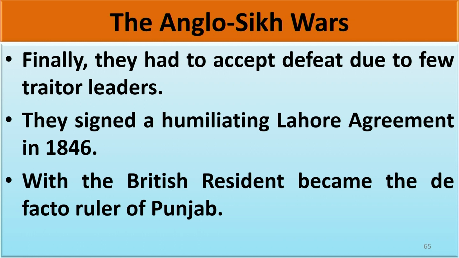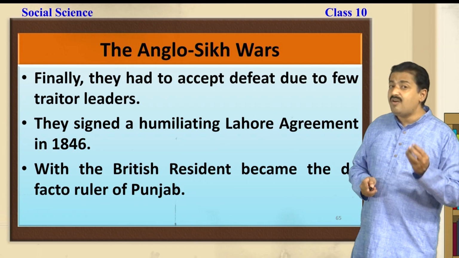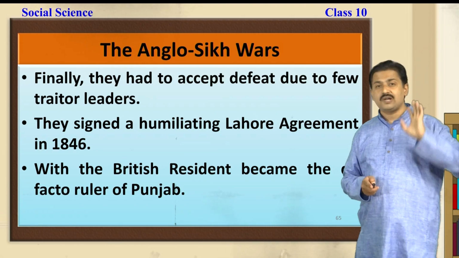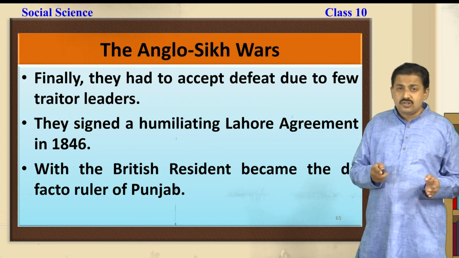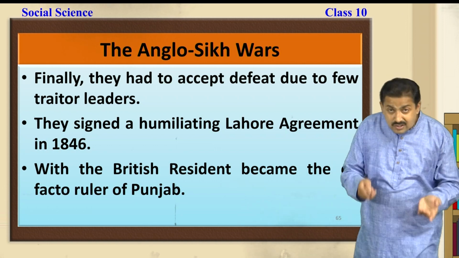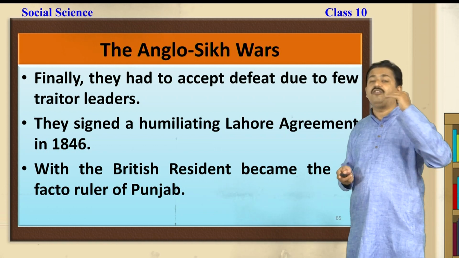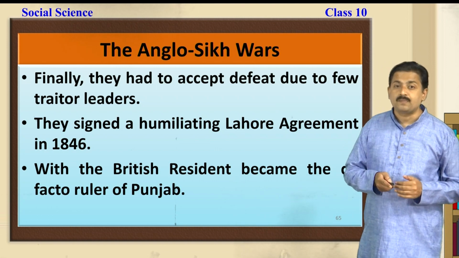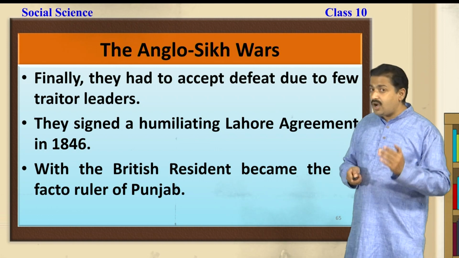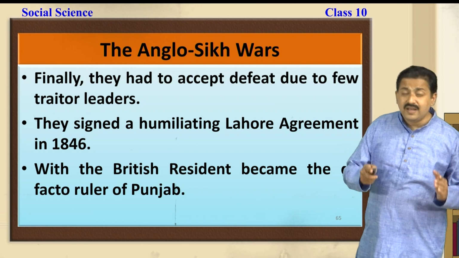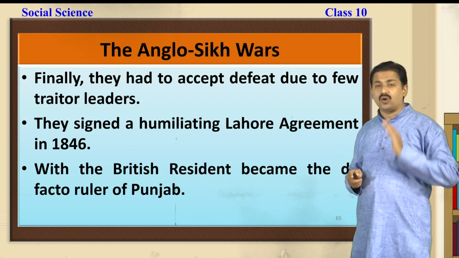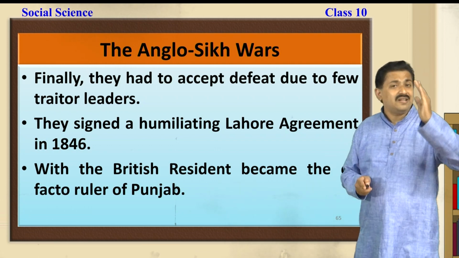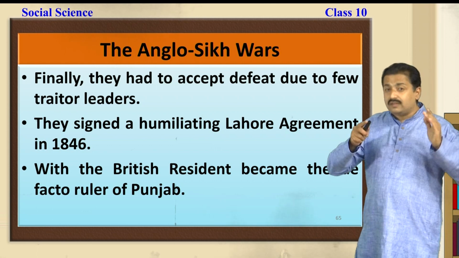They had to accept the defeat due to a few traitors of Punjab. Some of the traitors of Punjab were responsible for the defeat of the Punjab army. Later, Punjab signed the humiliating Treaty of Lahore. The Lahore agreement was signed in the year 1846.